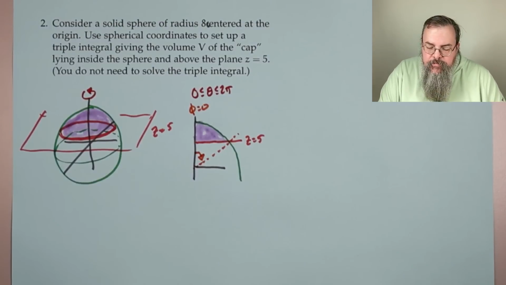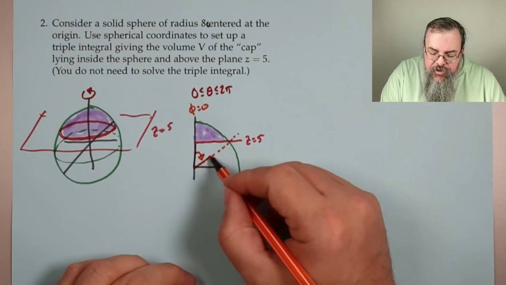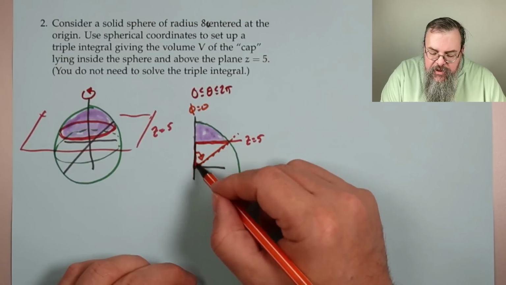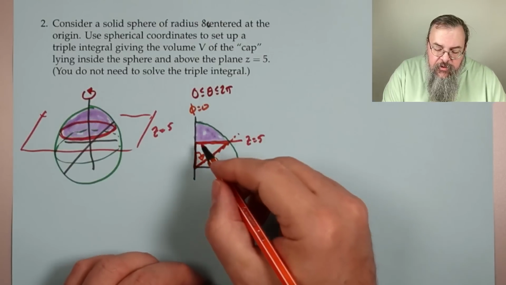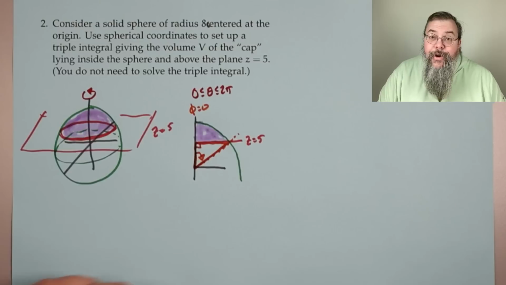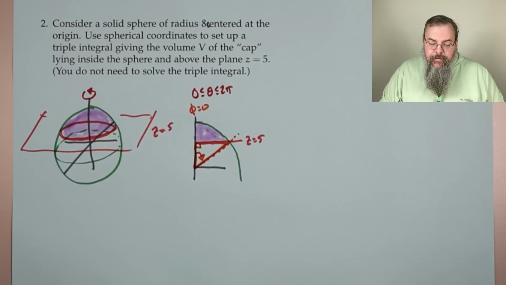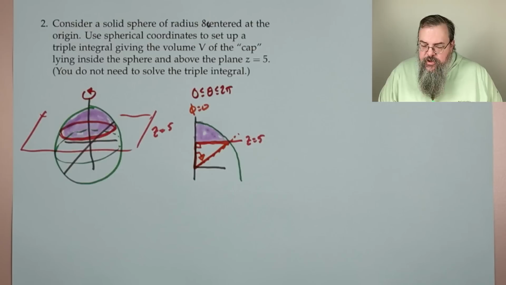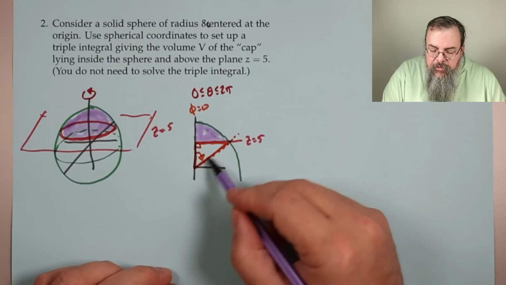Now, how can we find that? Let's look at this triangle for a moment. It's a right triangle. Do we know any of the sides? Sure. I can tell you two of them.